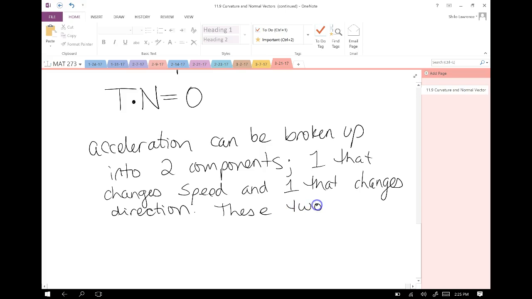These two components are going to be in the exact same direction as T of t and N of t.